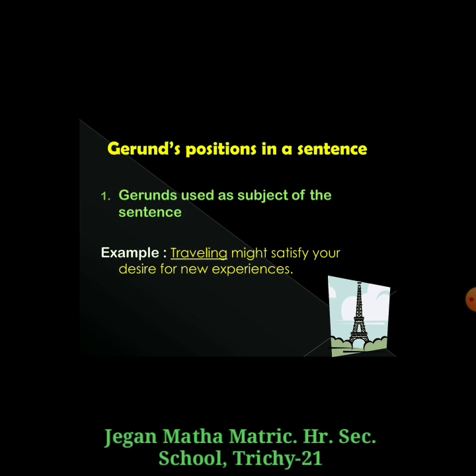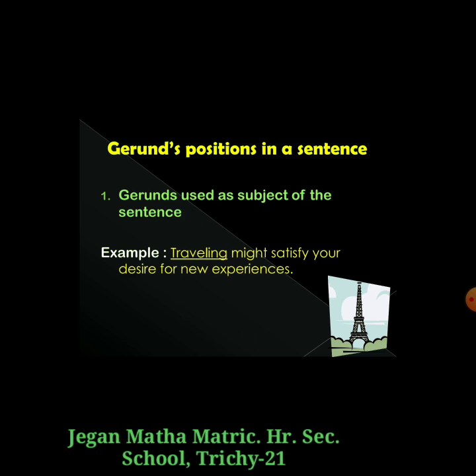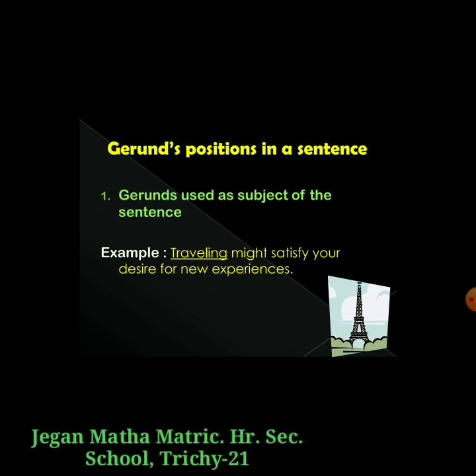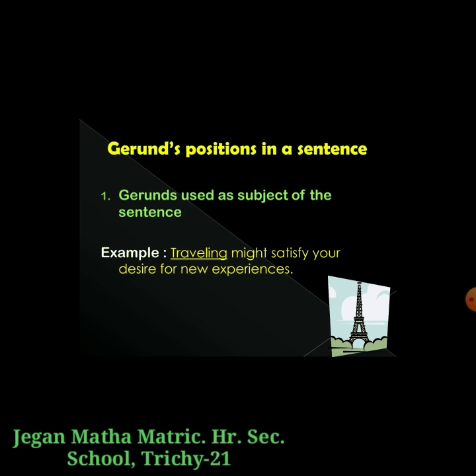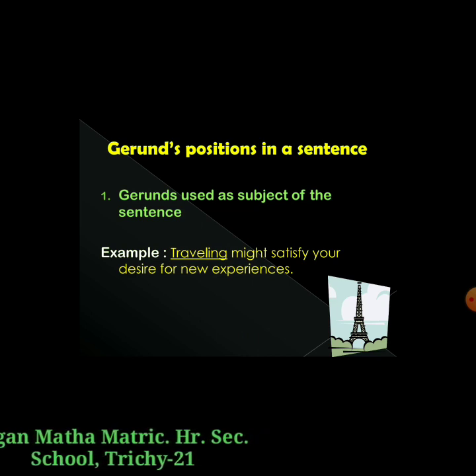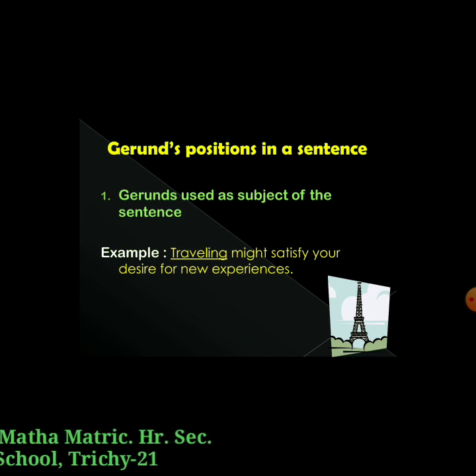Okay, we just have to use it as a subject. What is the subject of the sentence? Traveling. Actually, travel, verb plus ing, a gerund. Traveling might satisfy your desire for new experiences. So what is the gerund here? Traveling.